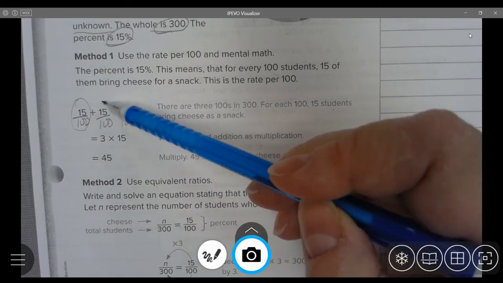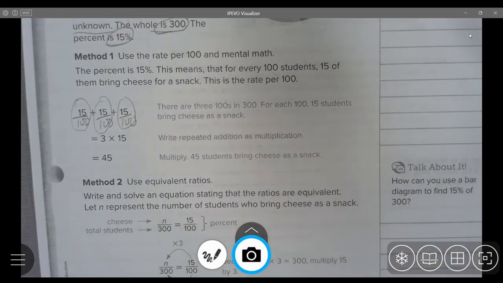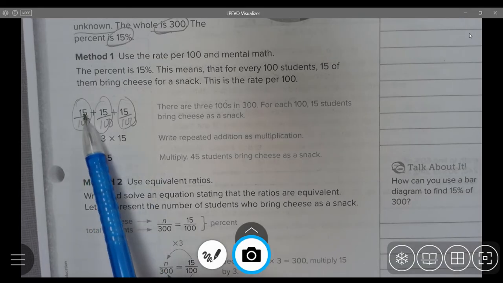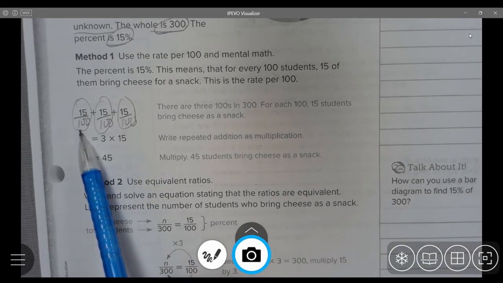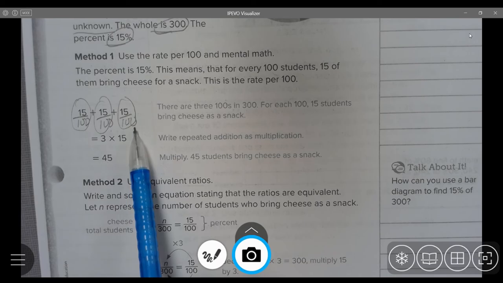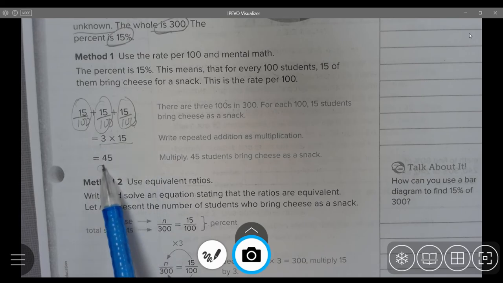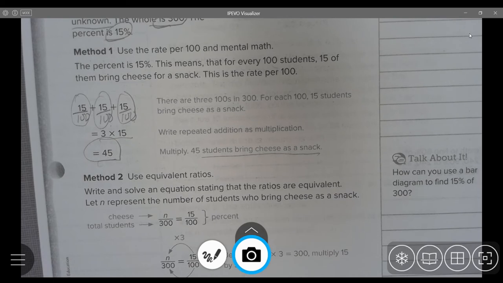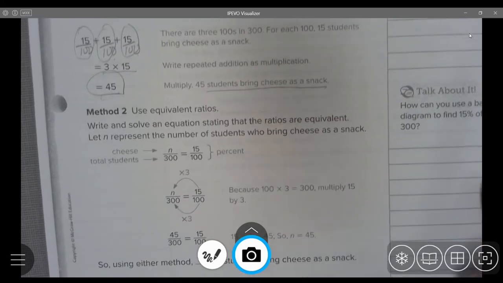So here's 100 students, and we're breaking it into 3 separate sections. We can say 15 of the first 100 bring cheese, 15 of the second 100, 15 of the third 100. We can multiply those by 3, and we would find out that 45 students bring cheese as a snack. So we could do some mental math with that.